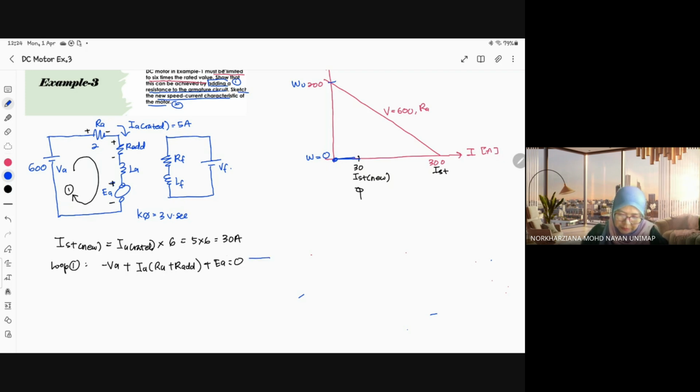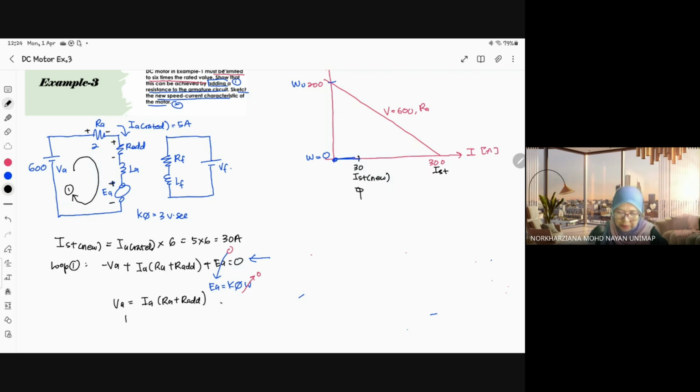From this equation, your EA equals Kv omega, and since we are talking about starting condition, the speed is 0, which makes EA 0. Straightforward. So what is left in your equation is VA equals IA times RA plus RX.